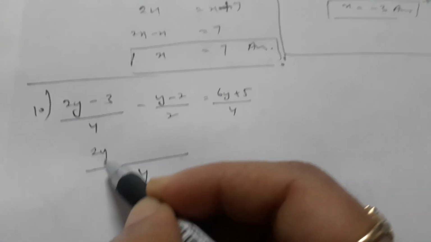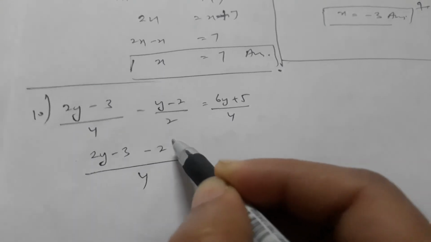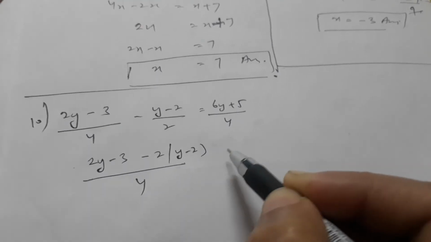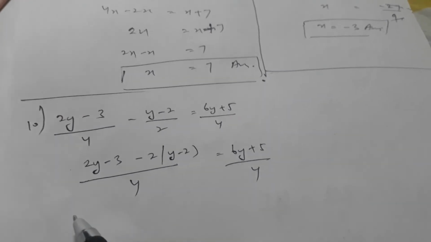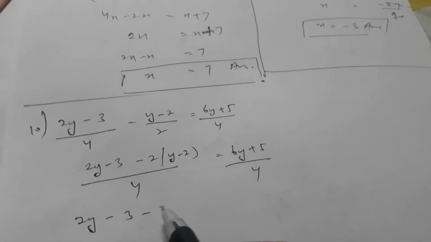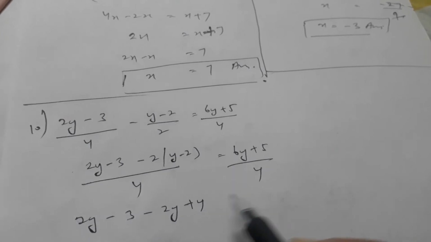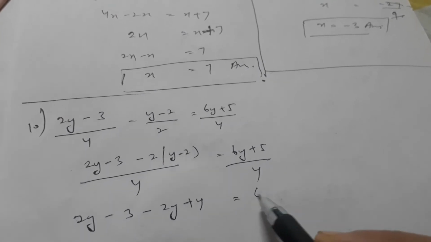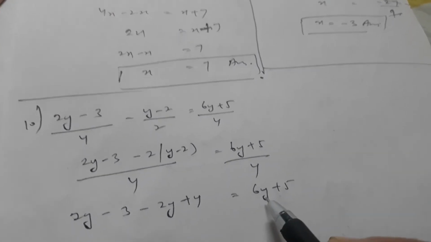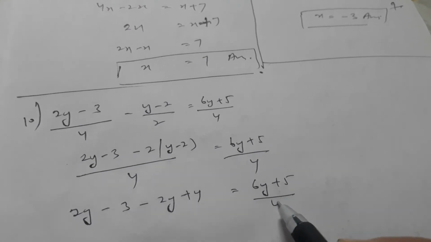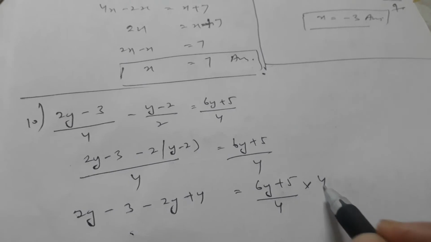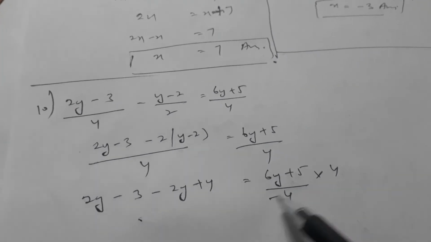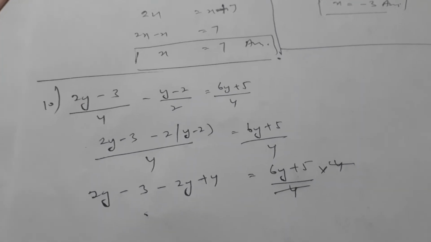So it will be coming out as 2y minus 3 minus 2(y minus 2) equal to 6y plus 5 by 4. So in our next step, 2y minus 3 minus 2y plus 4 equal to (6y plus 5) by 4, and this 4 will get transposed to the right hand side. This and this will get cancelled.